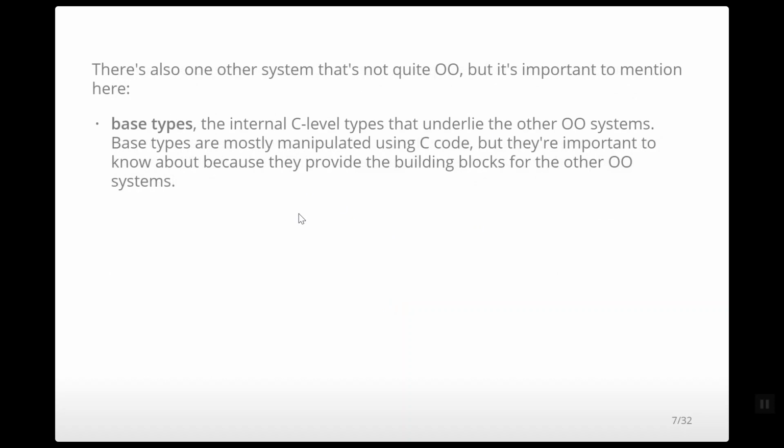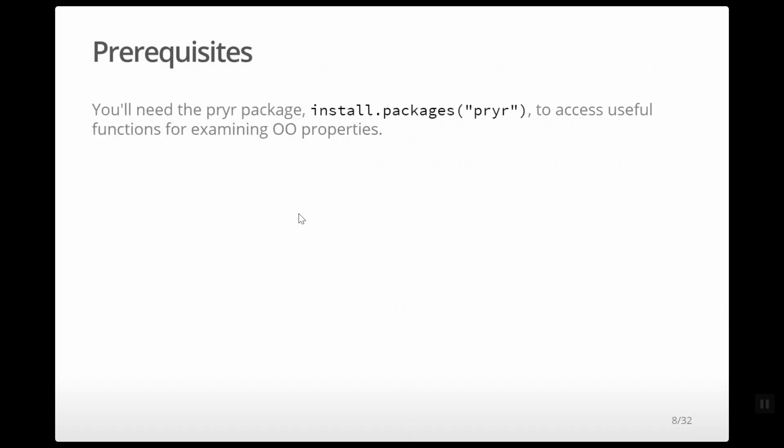Okay, and then we have base types, which are not quite object-oriented, but these are the underlying data structures that exist in R. So these are your vectors and your lists and your matrices and things like that. And they form the building blocks for the object-oriented system.